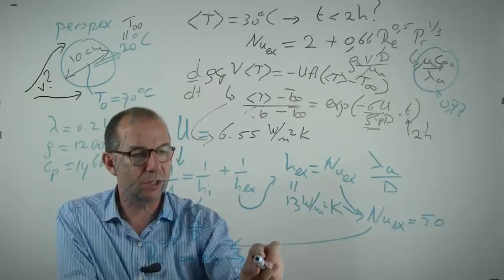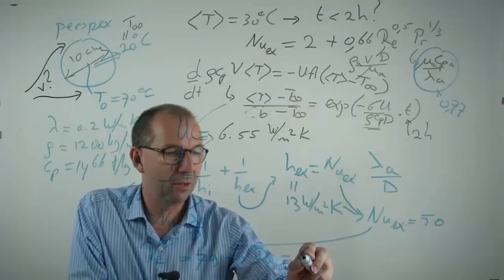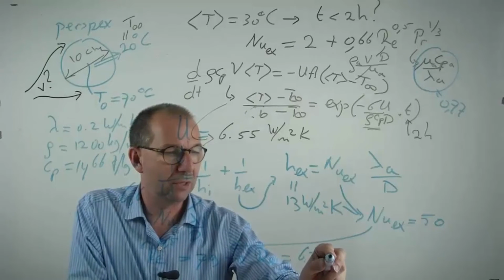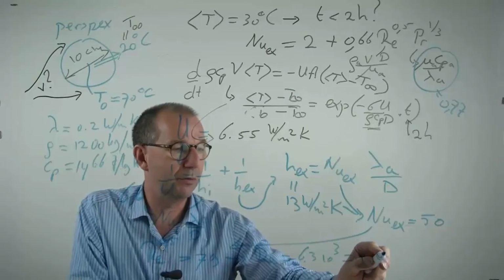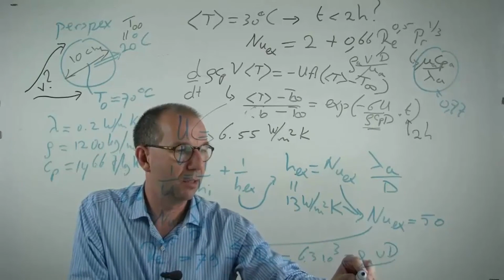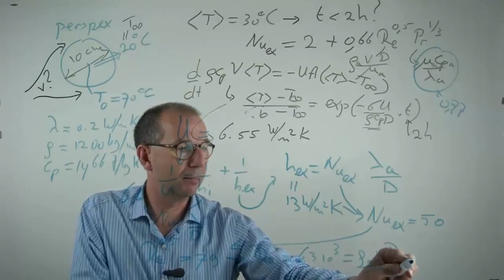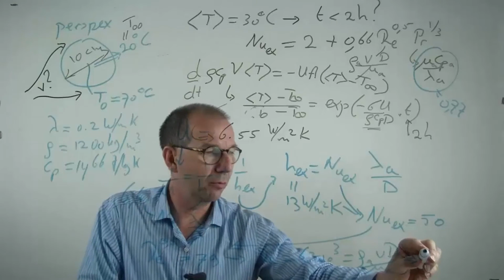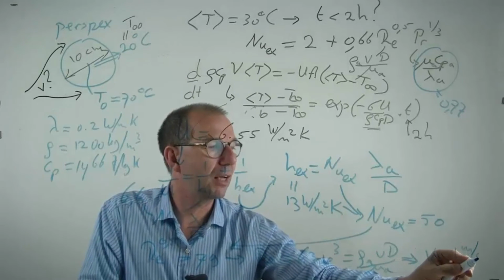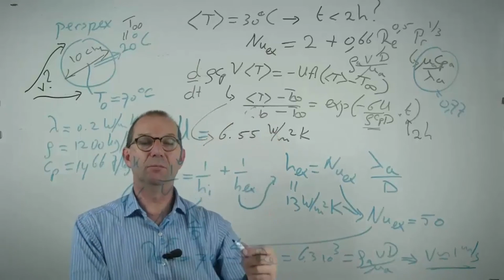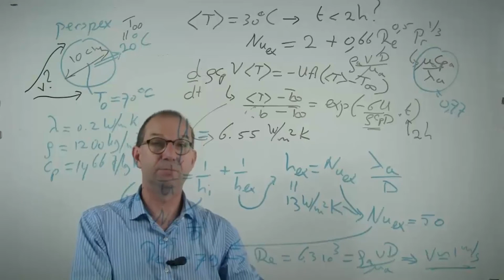Thus, Reynolds itself is the square of that, 6.3 times 10 to the third, and this equals rho air, v of the air, d of the sphere, over mu of the air. I can look those up, and from this rule find that v is about a meter a second, which is reasonable. You can blow easily air with a meter a second around this ball.